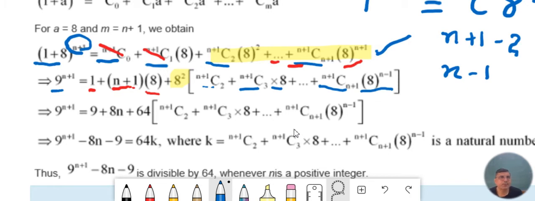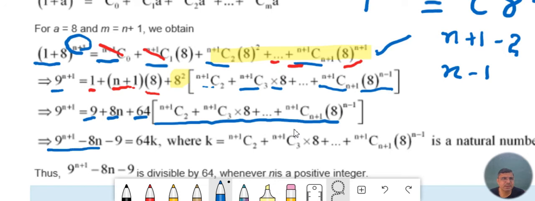Now what? This is n into 8, so 8n. 8 ones are 8 plus 1, that is 9, and this is 64. Here I will not worry about the bracket. Now take everything this side, and if you observe, this is divisible by 64, because whatever term you will get over here, that is a positive number.